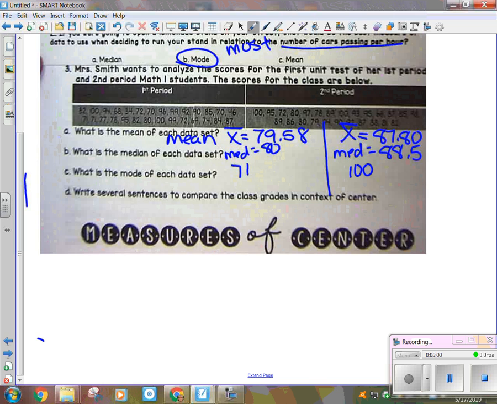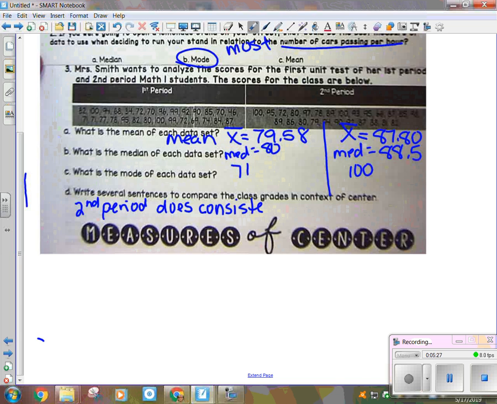So given the fact that the mean and the median and the mode, it looks like in every category, which is the stronger class? It says write several sentences to compare the class grades, and we're just simply going to say second period is stronger.